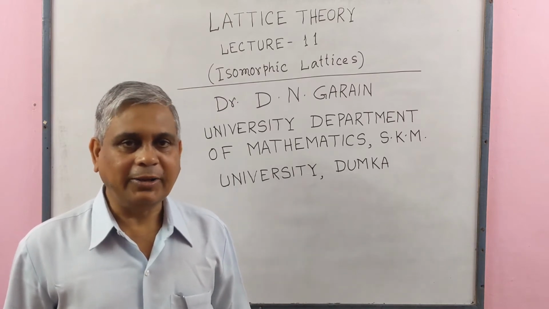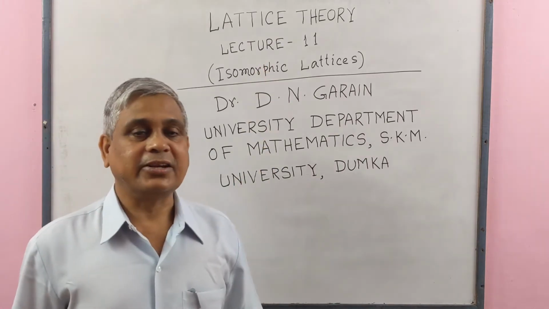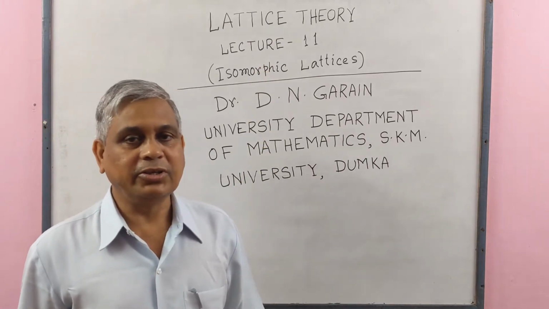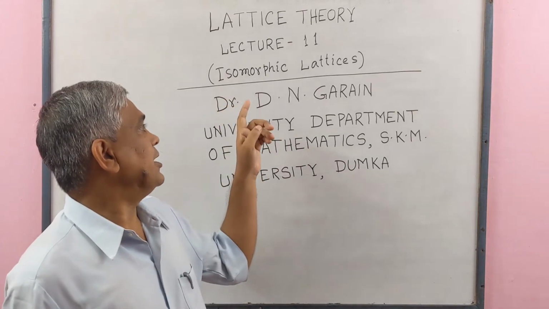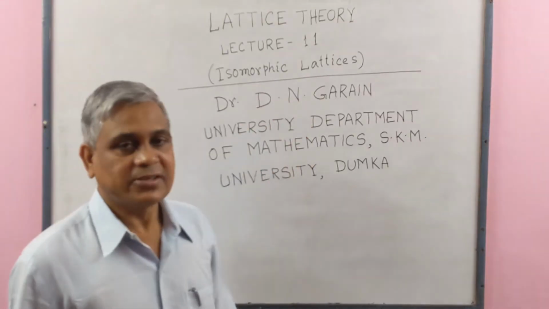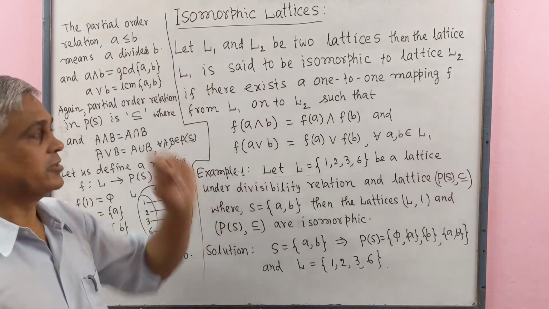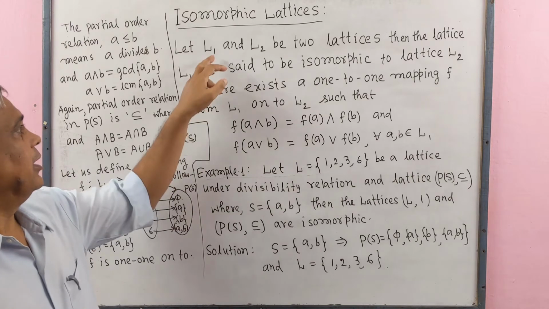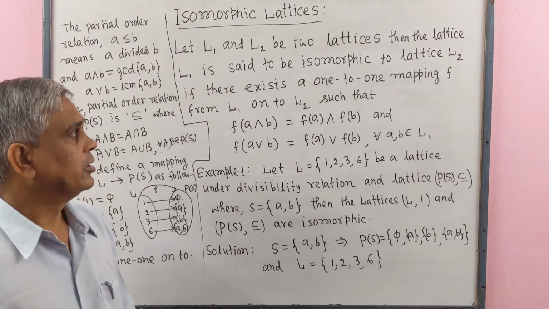Today I will deliver a lecture on lattice theory, lecture number 11, in which I will discuss isomorphic lattices. Now we define isomorphic lattices. Let L1 and L2 be two lattices.